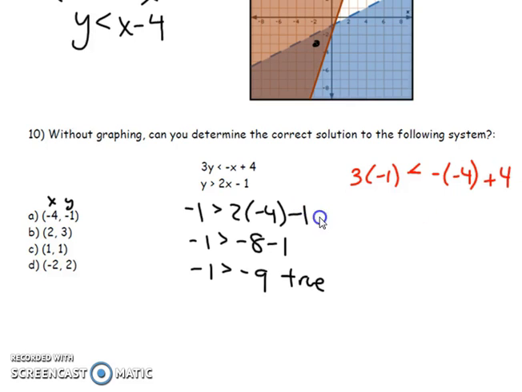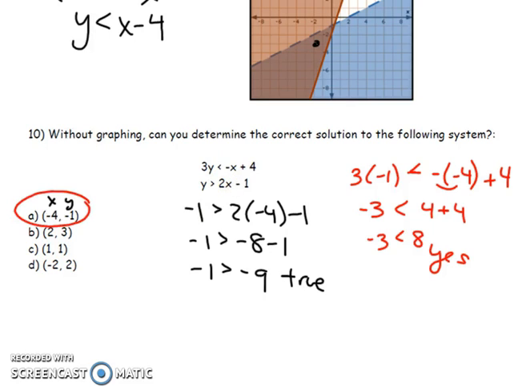Now I just need to do the math and see if that works out. You get -3 is less than, this becomes +4 plus 4. So is -3 less than 8? Yes, that's true. So since this point worked in both of my equations, that is going to be our answer.